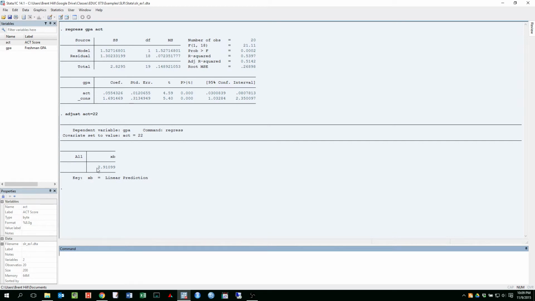So it computes that for us, and it gives us the estimate of 2.91, roughly, which means that the conditional mean for the GPAs for that conditional population where ACT is 22 is expected to be 2.91.